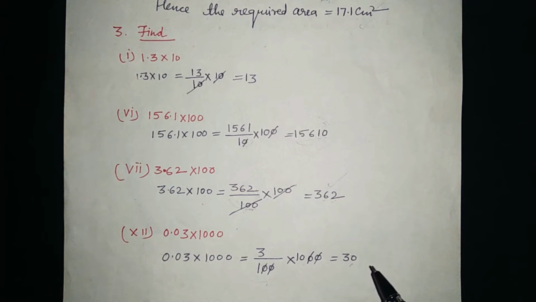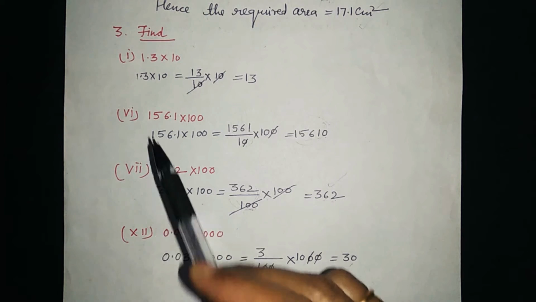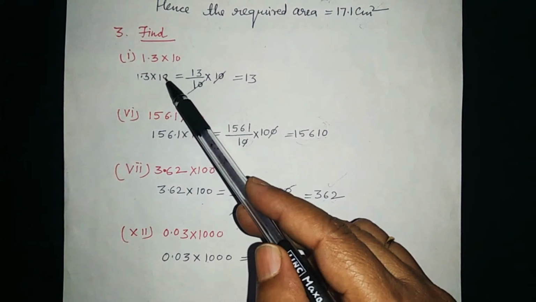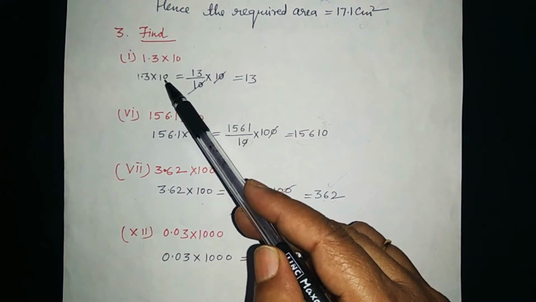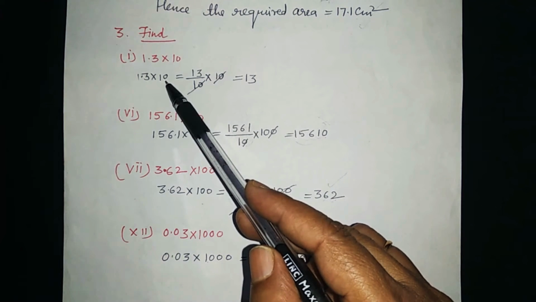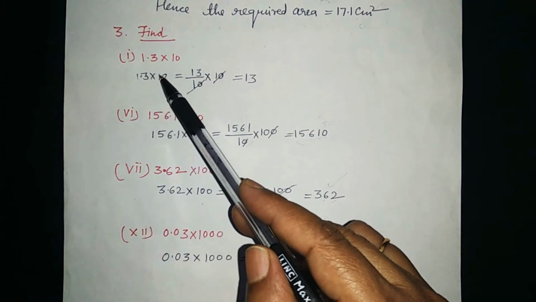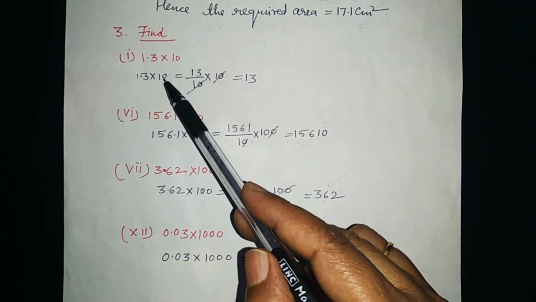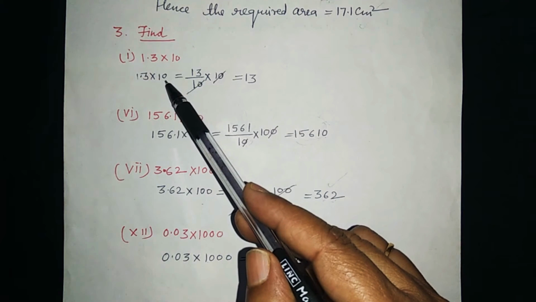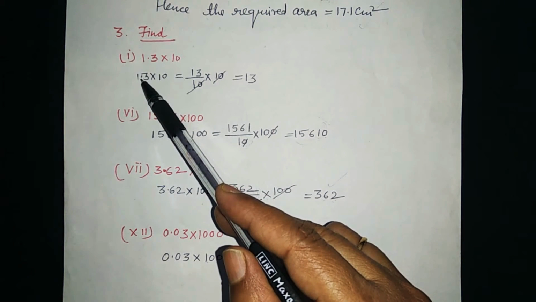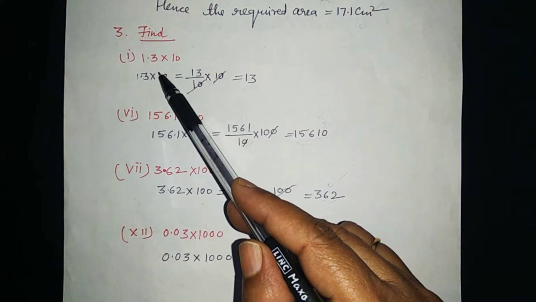And one more thing I want to tell you about this question. Here you can see 1.3. We are multiplying with 10. I have already told you, when you multiply any decimal number with 10, 100 or 1000, what do we do? We shift the decimal towards the right side.